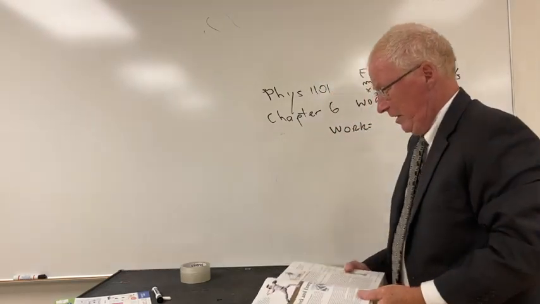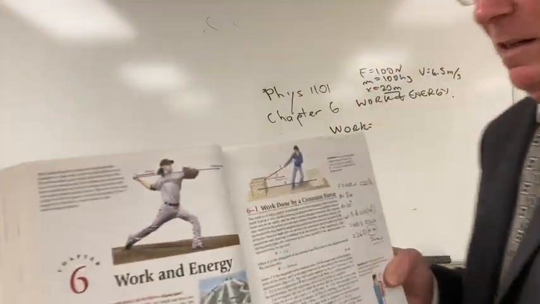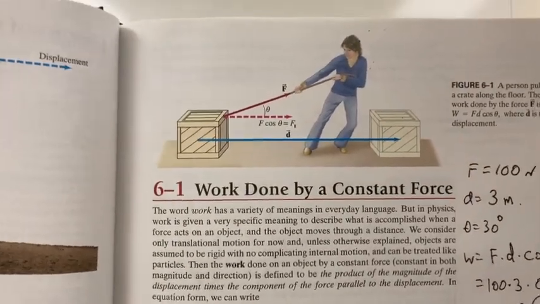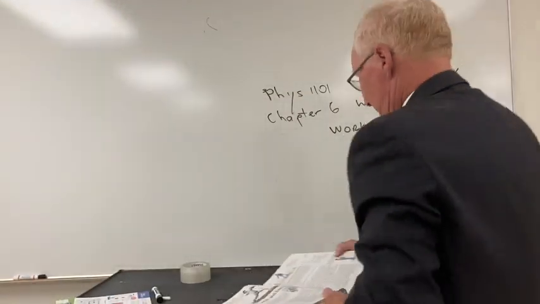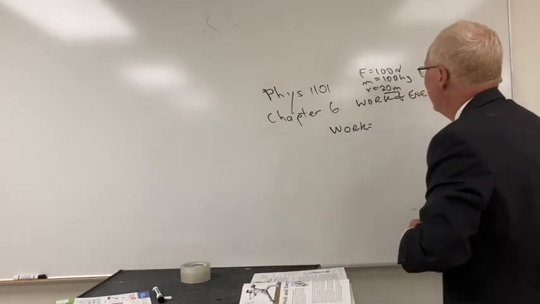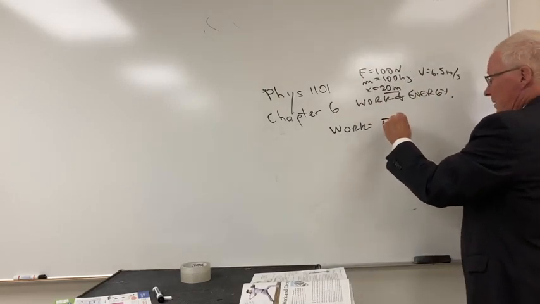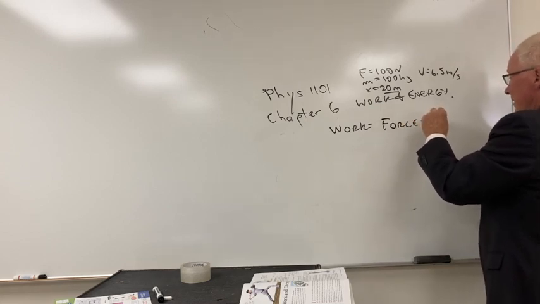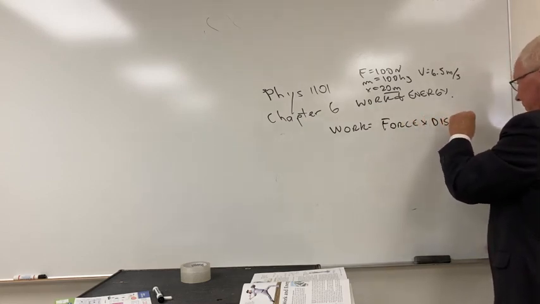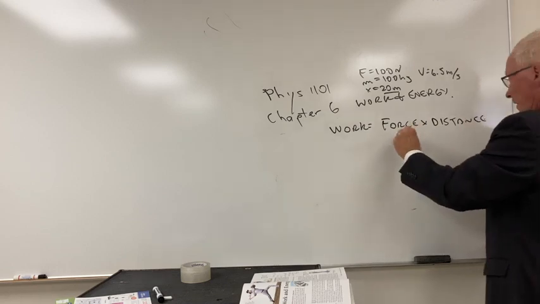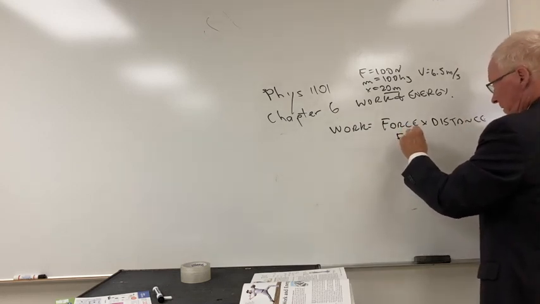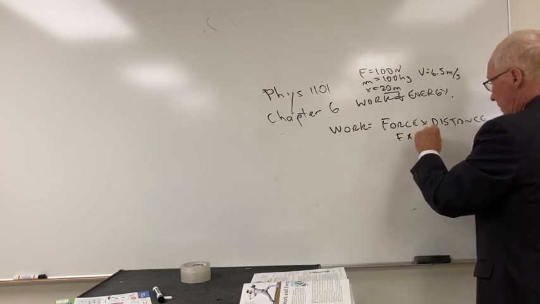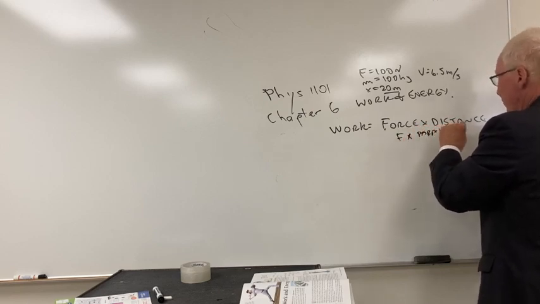So we have the same thing here, if you have a force. Now technically, work is force times distance, where F and X are both parallel. So they're in the same direction.